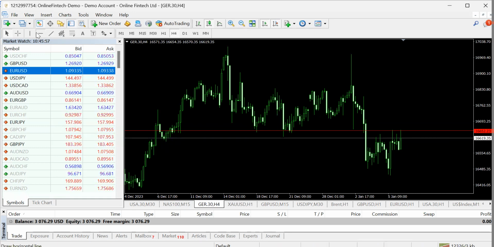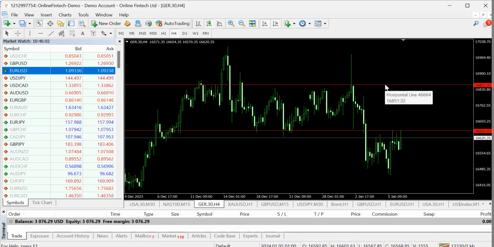16,652. The highest high of GER30 is actually 16,851, but the market hasn't broken 16,652 in a week, from the 2nd of Jan up to date. It hasn't broken that level. In fact, we can see rejection from this position, the market pushing all the way down.